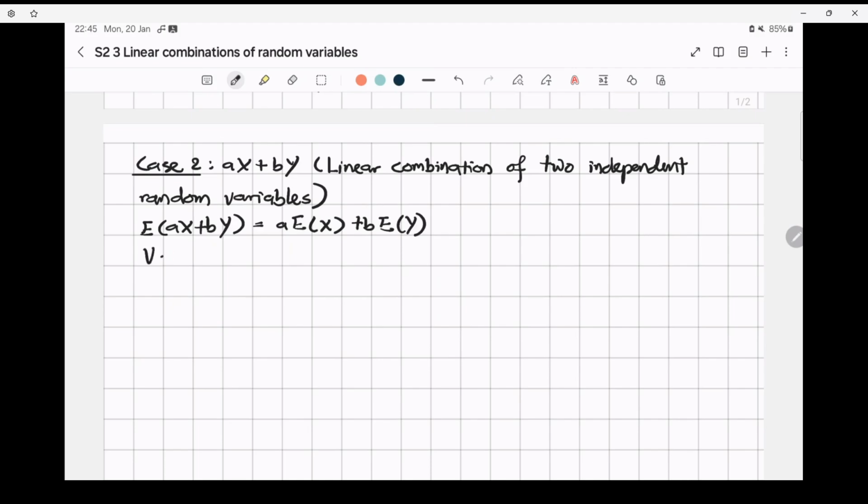If it is the variance of aX + bY, this will be a squared variance of X plus b squared variance of Y.